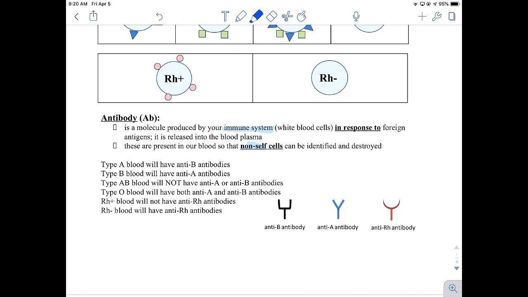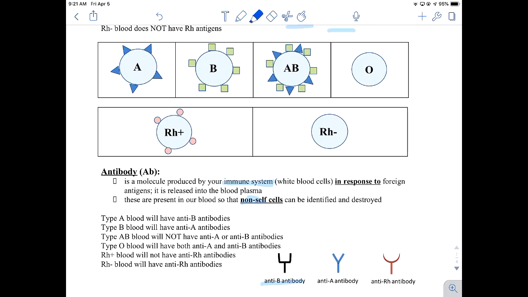Type A blood will produce anti-B antibodies. These are ones that will connect, and they've tried to use drawings that match, right? They use a square so that it connects to this other square, so the anti-B would be able to connect to that protein. This is a good cartoon model for what's really happening. On the cell surface there is some sort of protein, and your immune system has created a complementary protein that will lock together and create a connection.